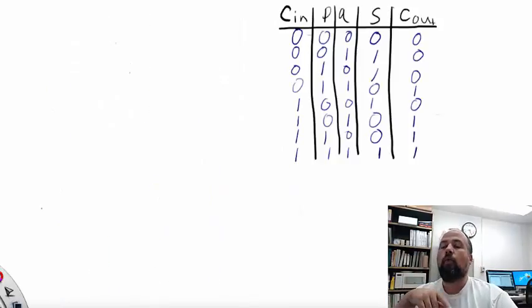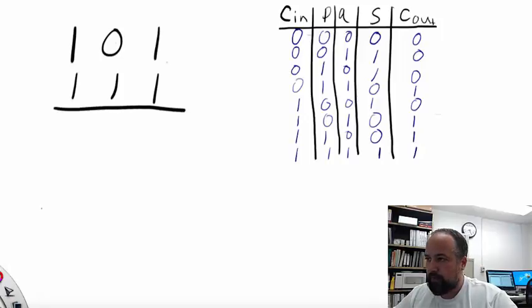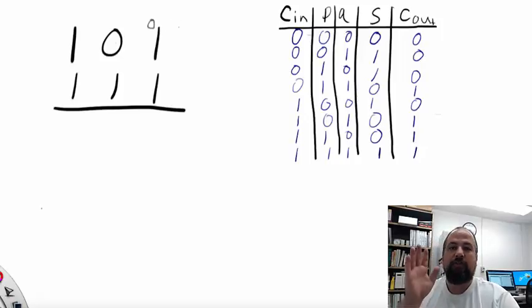So let's walk through an example here and show you what I'm talking about with binary arithmetic and how it relates to the truth table. So if I have 1, 0, 1, and I'm going to add 1, 1, 1. 1 plus 1, when we start off, the carry-in is going to be 0, right? Because there's nothing to the right of it. So there's nothing to carry in.